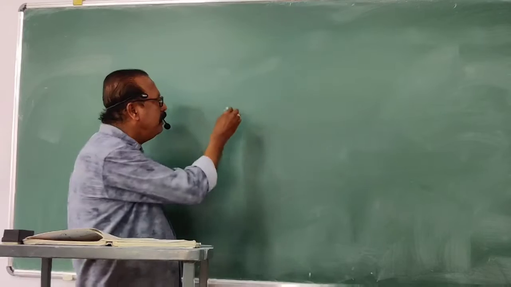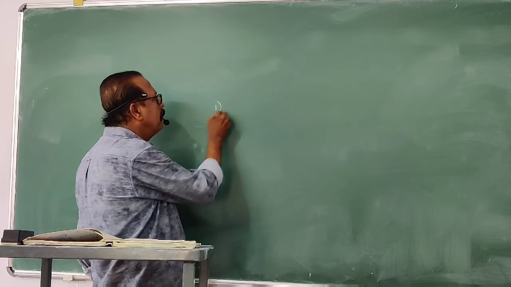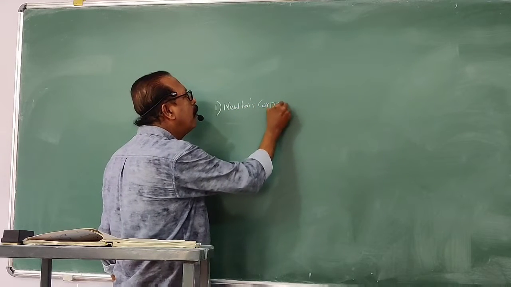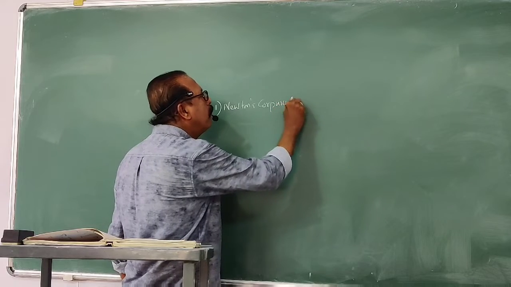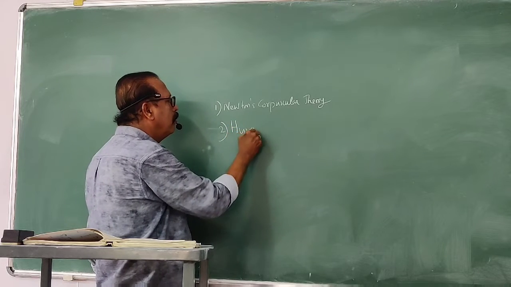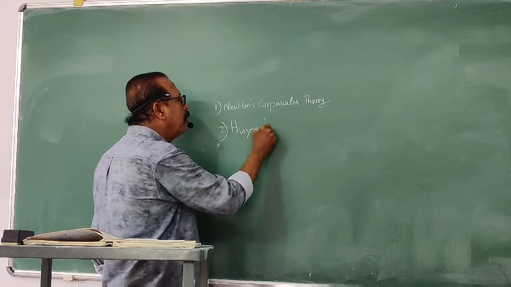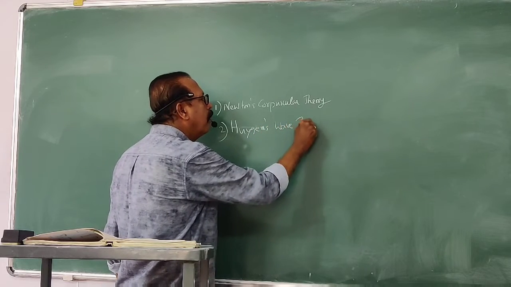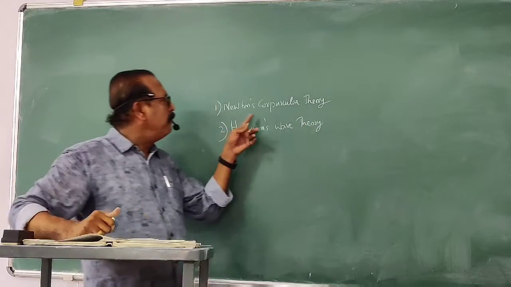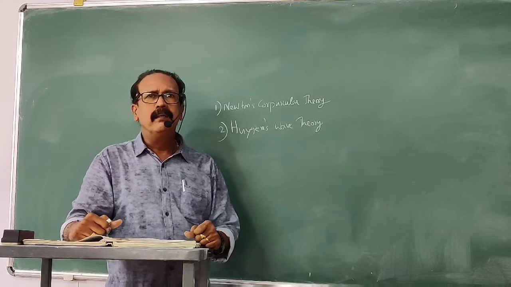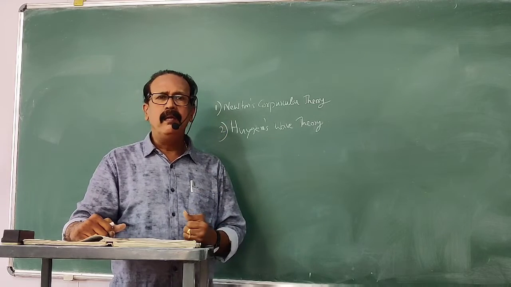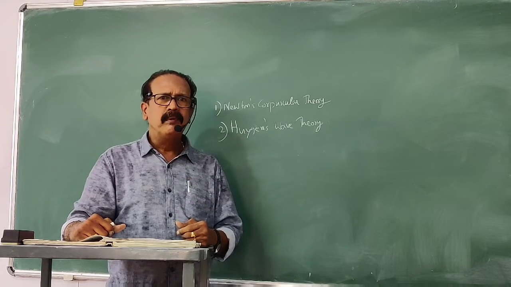Newton's corpuscular theory, I'll write it here. Newton's corpuscular theory deals with the property that light from a luminous body is propagated in the form of minute particles.